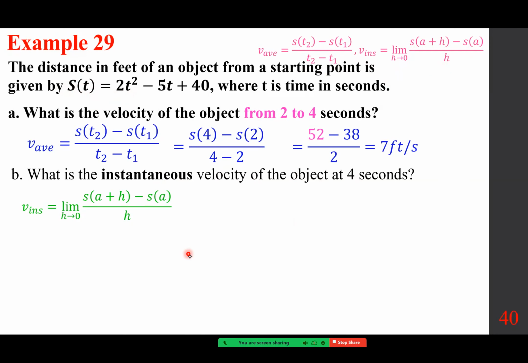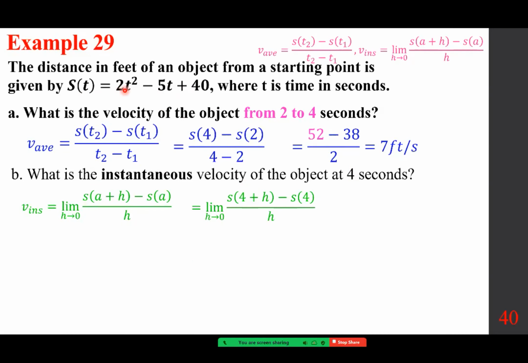Again, I want to remind you of that format. So in this case, a is 4, and if you decide to find v of t and then at the end replace the t with 4, it's absolutely fine. So we replace the a with the number 4, and we are going to plug it into this formula now using s of t.